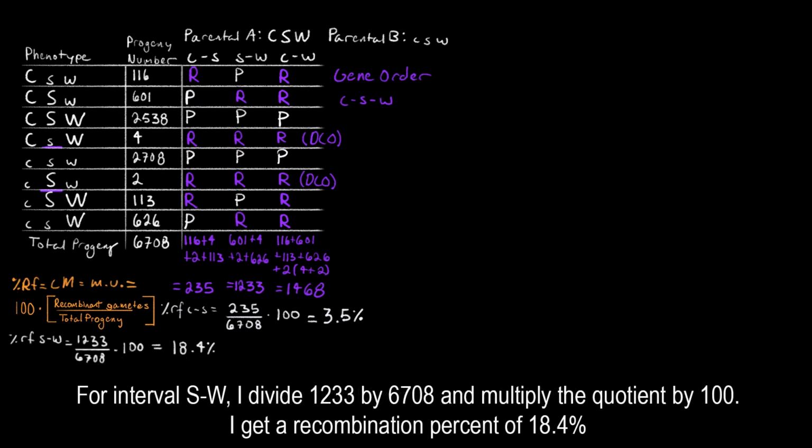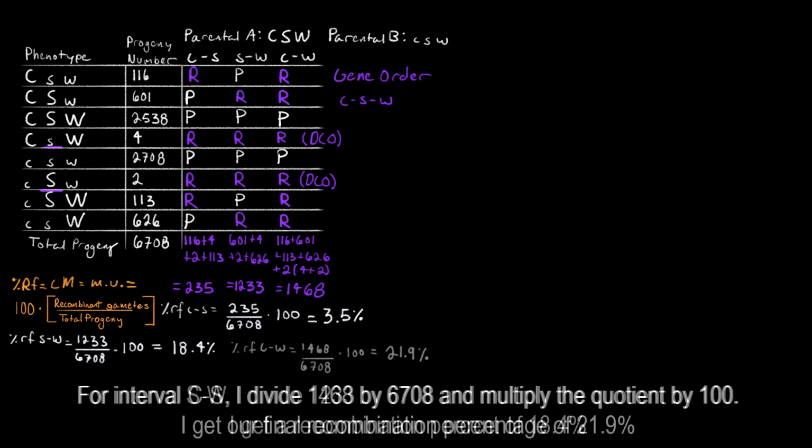For interval S and W, I divide 1,233 by 6,708 and multiply the quotient by 100. I get a recombination percent of 18.4. For interval C and W, I divide 1,468 by 6,708 and multiply the quotient by 100. I get our final recombination percentage of 21.9%.